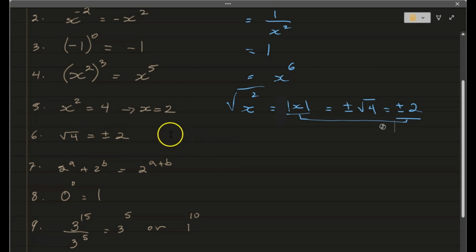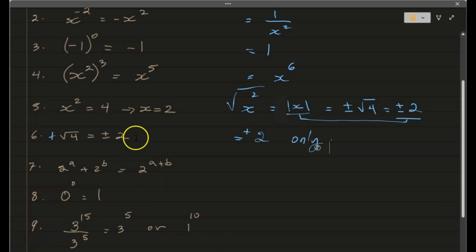The reason you have plus or minus 2 up here is because the square root of x squared is given by the absolute value of x. But here you're only taking the positive root of the square root of 4. So in this case, the answer is only 2. It's not negative 2. It's not plus or minus 2. It's only positive.